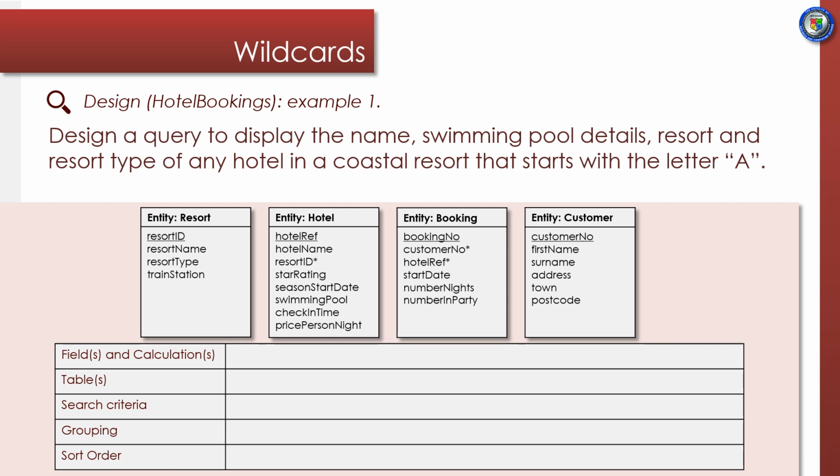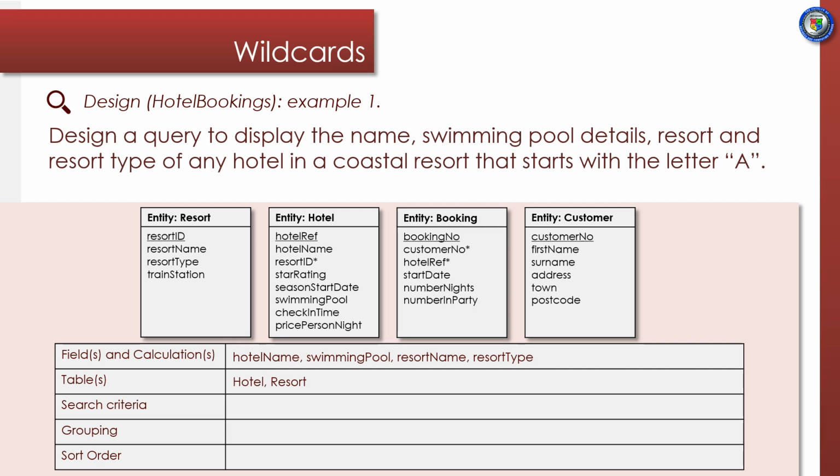Very quickly, just to recap on a small part of design from our implementation and how this would look in the design part. This example will design a query to display the name, swimming pool details, resort and resort type of any hotel in a coastal resort that starts with the letter A. So we'll show the fields that we want to see: hotel name, swimming pool, resort name and resort type.